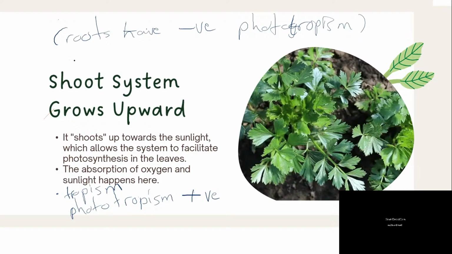However, since roots grow downwards and gravity pulls downwards, we say that roots have positive geotropism. If plants grow in the same direction as the force of gravity, we call it geotropism. So roots have positive geotropism and negative phototropism.